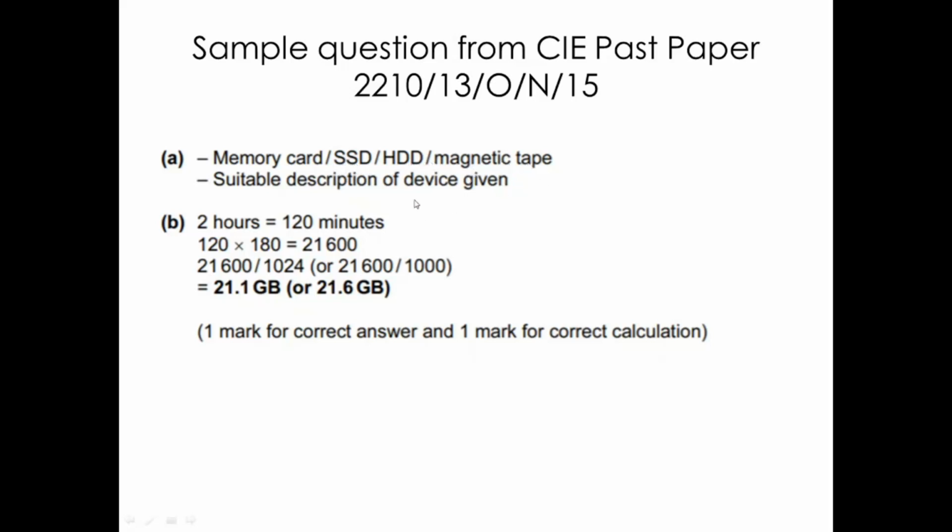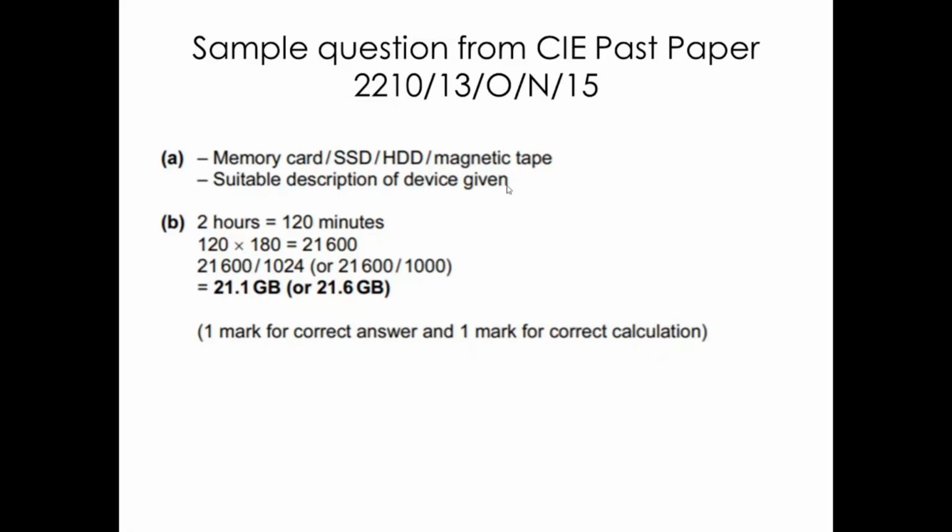Magnetic tape, and you have to write a suitable description of the device given. Means memory card, why you need to store it. If you are using SSD, then why? If you are choosing HDD, you have to give a justification.